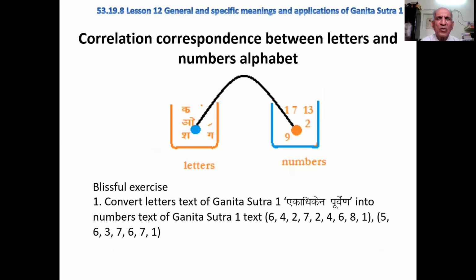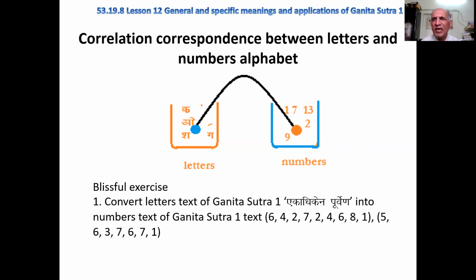The correlation between letters and numbers alphabet is our prime concern, because the text available with us is in letters form, and this is to be transformed, translated, transited into the numbers alphabet.